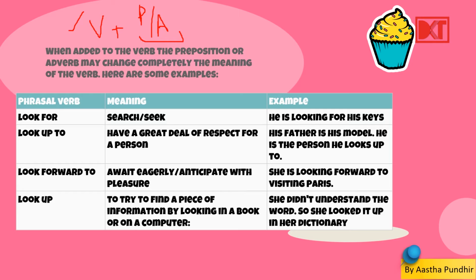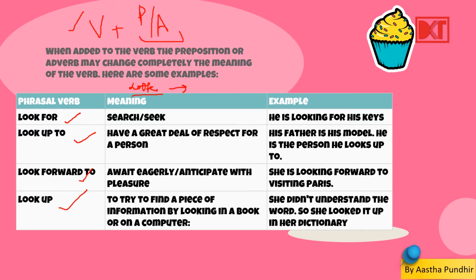Now here we have the verb क्या है look. Look क्या मतलब होता है? Look is a verb and look means कहीं देखना. Okay. But here हमने look के साथ so many prepositions add करके we've made so many words like phrasal verbs like look for, look up to, look forward to, look up.